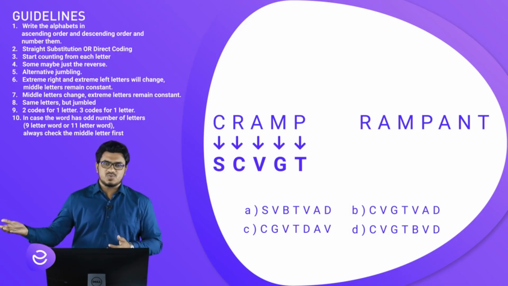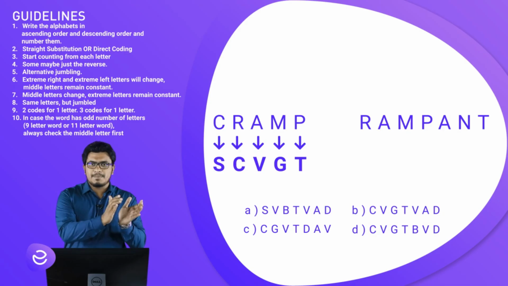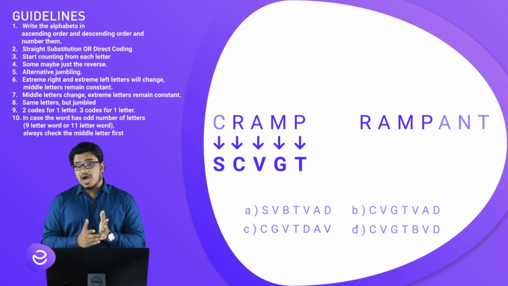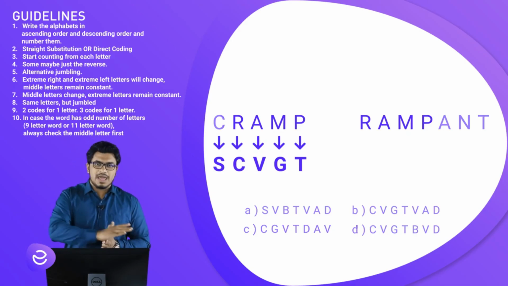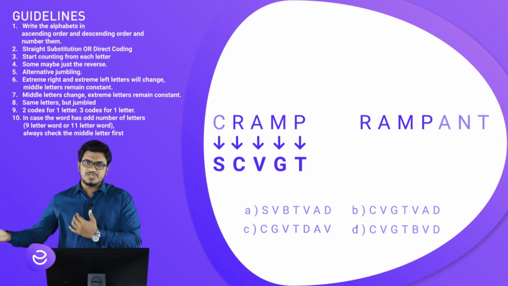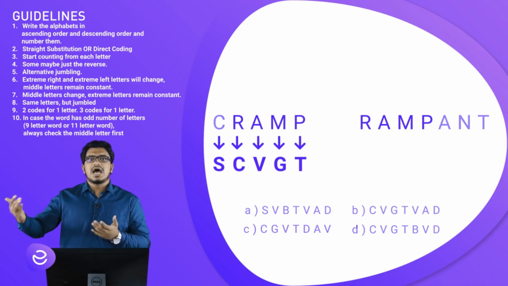We have some same letters in the word CRAMP and in the word RAMPANT: R, A, M, P. All these are there in both words, so we can directly substitute these codes into the other word.